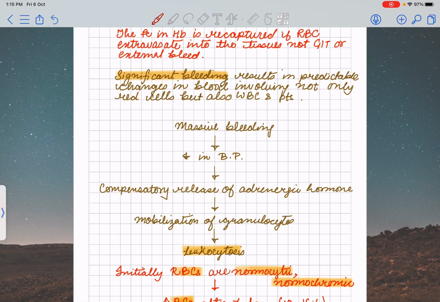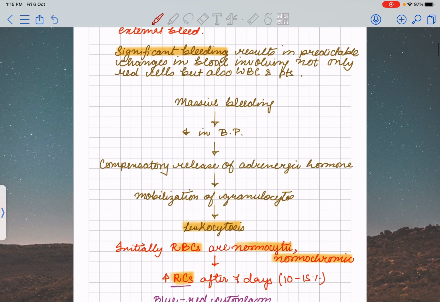Significant bleeding results in predictable changes in blood involving not only red cells but also WBCs and platelets. Now if there's increased bleeding, it's not just going to affect the RBC, it's going to also affect the other components of blood, which is WBC and platelets. So massive bleeding can lead to reduced BP, compensated release of adrenergic hormones can occur, which mobilize the granulocytes.